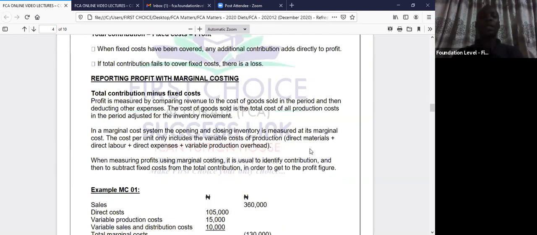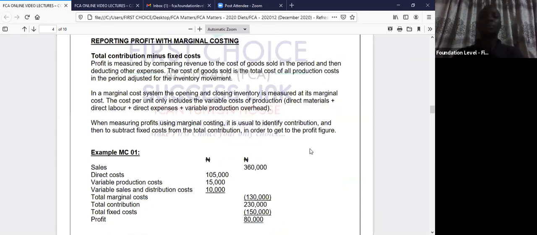Now we want to look at how we can write profit statements using marginal costing. What the financial accountants do is to write their profit statement using absorption costing.